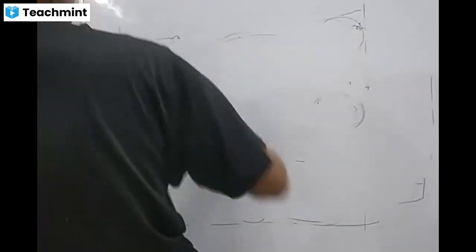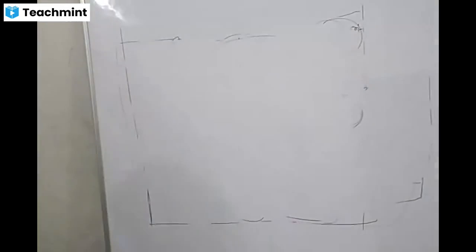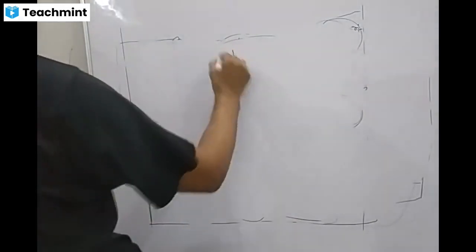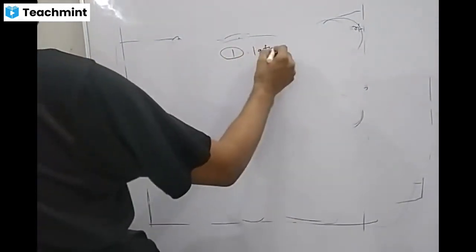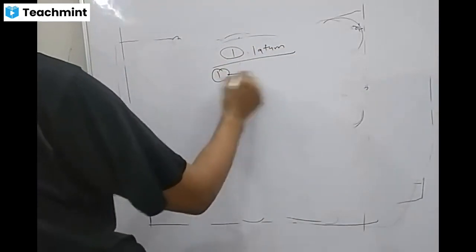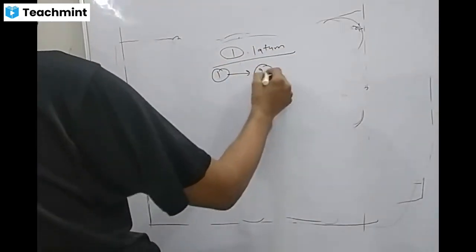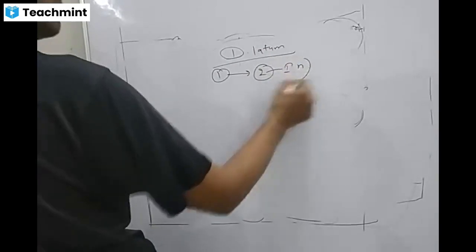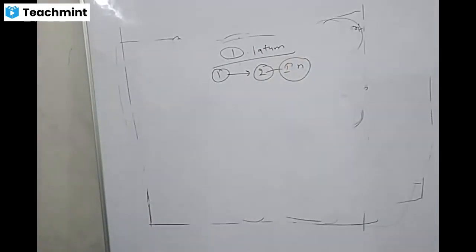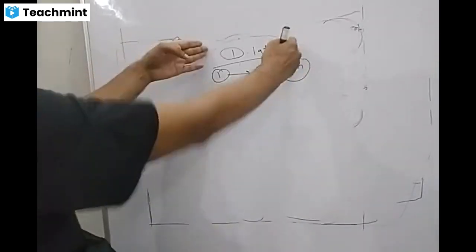So with D latum, why is it so different from other cestodes? First, there are two intermediate hosts. Most of the cestodes, if you look at Taenia solium, Taenia saginata, Hydatigena, Multiceps, they mostly have one intermediate host. Solium has pig, saginata has beef, that is your cow, but this D latum has two.